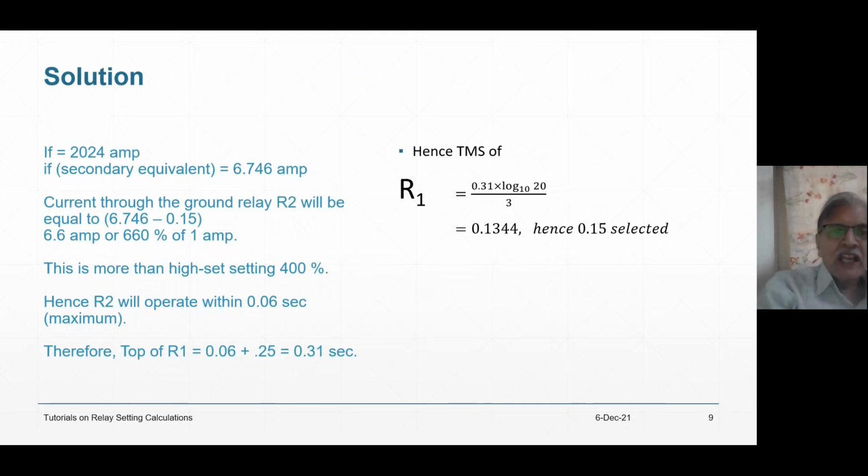So if I take 20%, 6.6 divided by 0.2, that will be 33. So 33 PSM I cannot take. Maximum 20 I can take. So 0.31 into log 1020 divided by 3, my TMS of R1 will be 0.1344. And I select 0.15, next 0.05 step. So TMS is also found out.